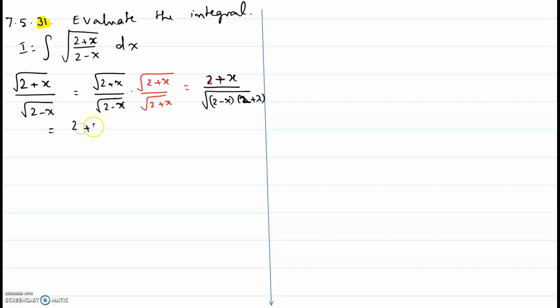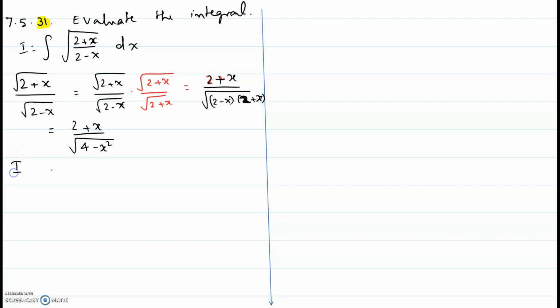So the integrand can be written as 2 plus x over square root of 4 minus x squared, since 2 minus x times 2 plus x is 4 minus x squared, a difference of squares.